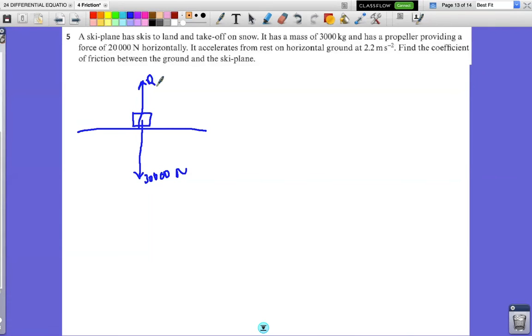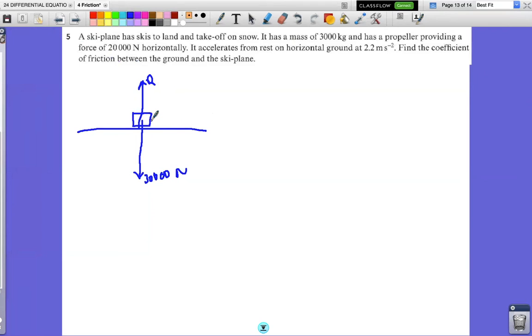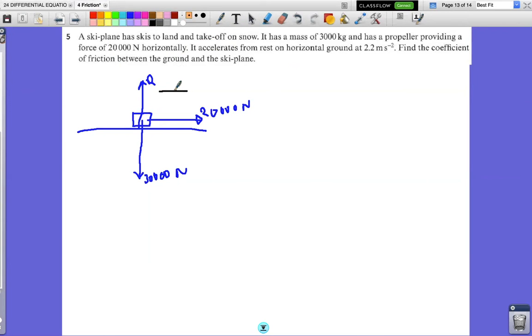There's a normal contact force R. And the propeller provides a force of 20,000 newtons horizontally. And the acceleration is given. Acceleration is 2.2 meters per second squared.